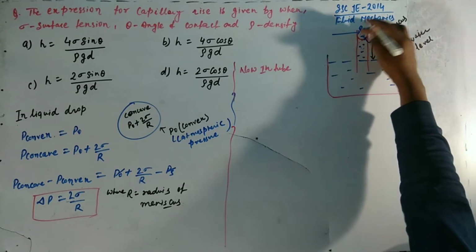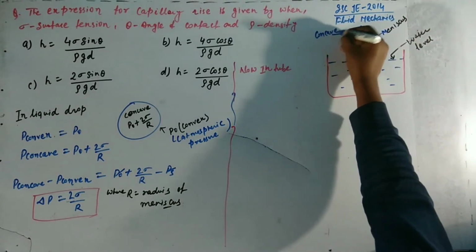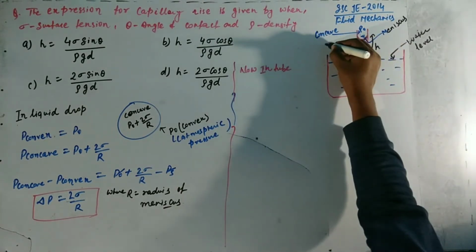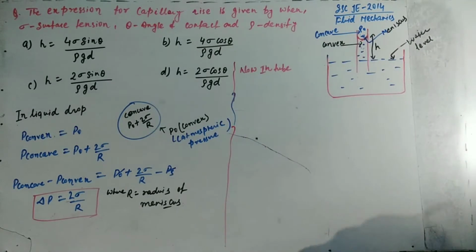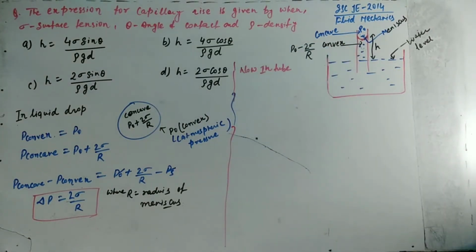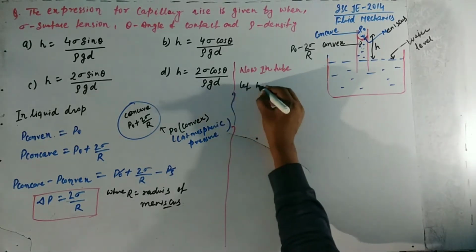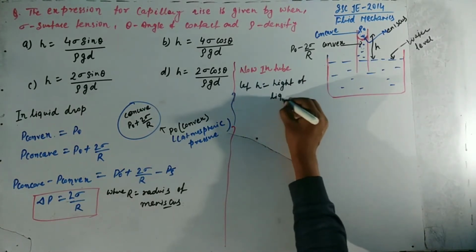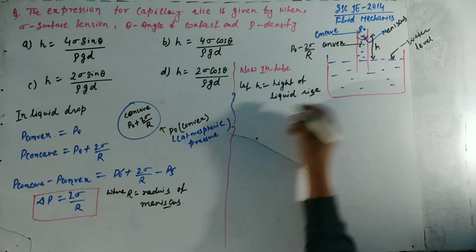Above the meniscus the pressure will be P naught, and that is the concave side of the meniscus. On the convex side of the meniscus the pressure will be less by 2 sigma by R, so the pressure on the convex side equals P naught minus 2 sigma by R. Let H equal the height of liquid rise, that is, the capillary rise.